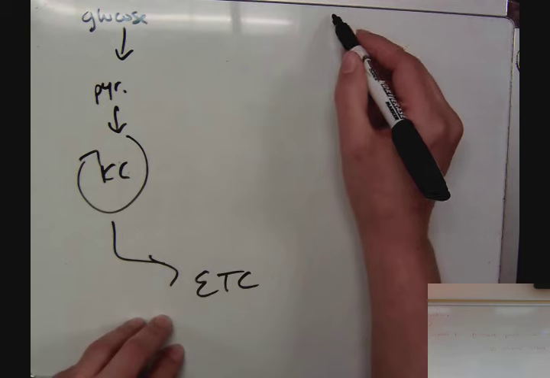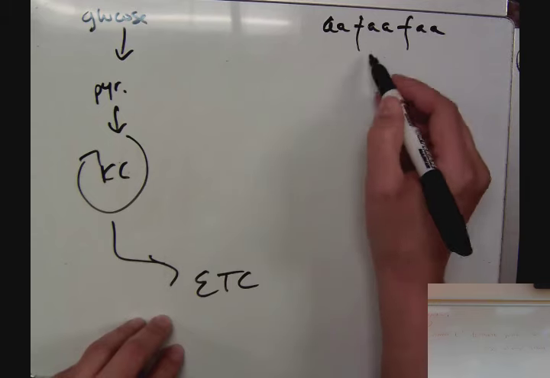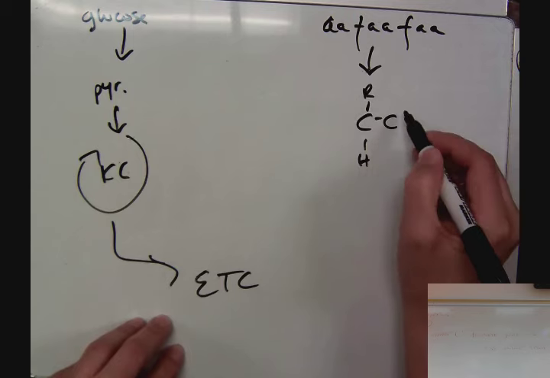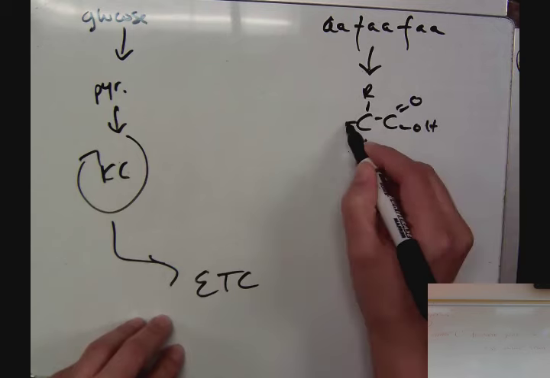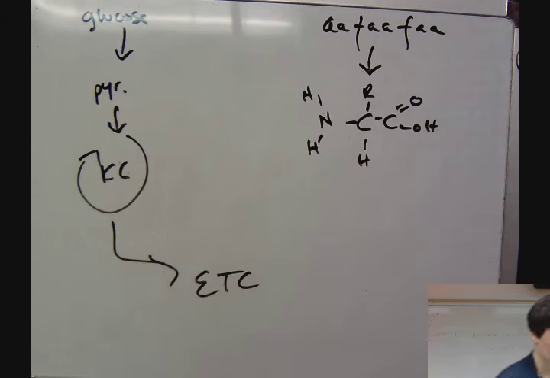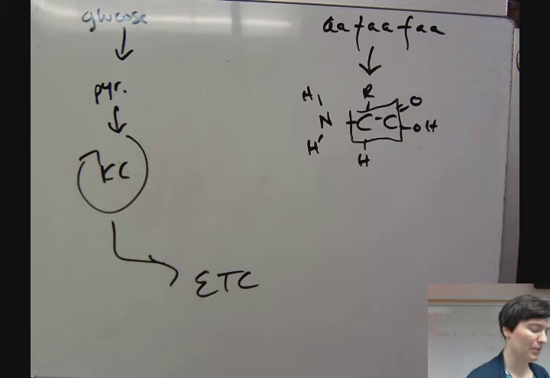Let's suppose instead we have an amino acid chain, and we hydrolyze it, and now we have amino acids. Let's remind ourselves what those look like. So this here, that's a 2-carbon unit.